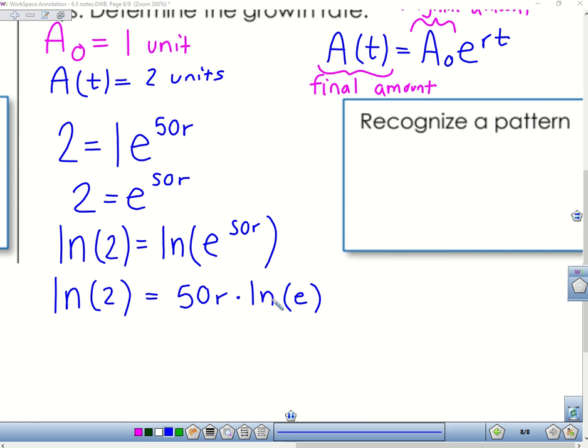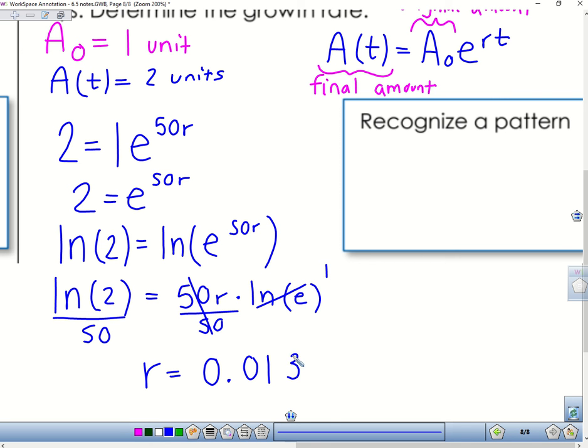What is ln of e? 1. What's the last step I need to do here? Good. So the rate is equal to 0.0139.